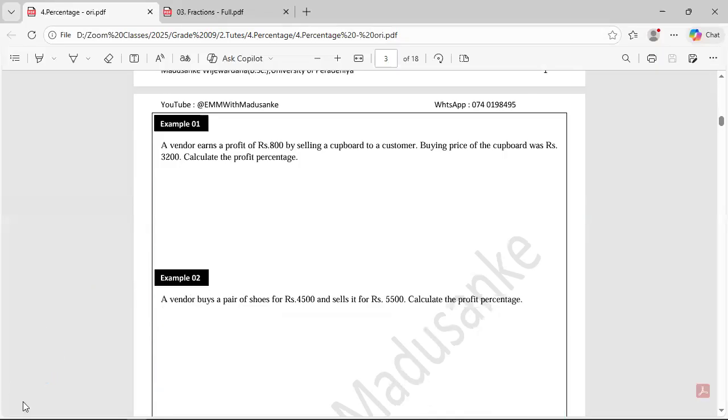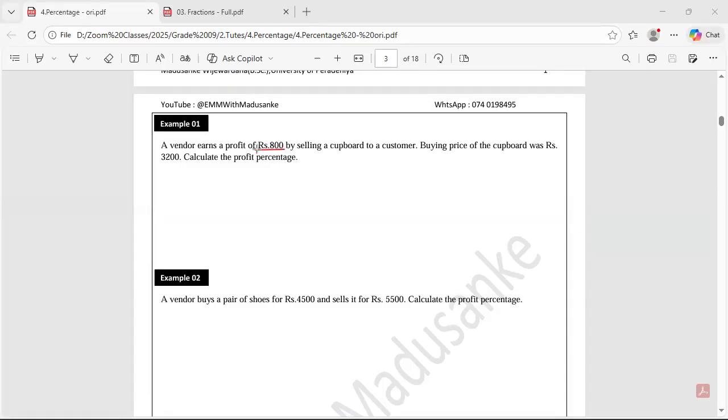I will read this question and highlight the most important things that you need to identify here. A vendor earns a profit. Here you have the profit keyword, by selling a cupboard to a customer.